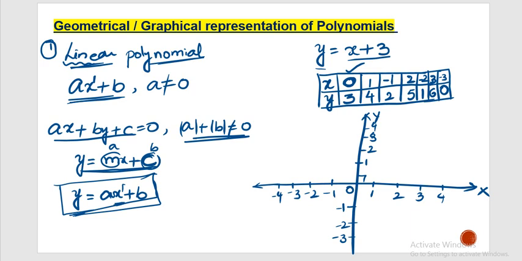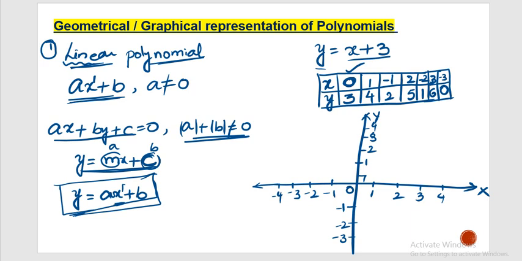So these things you need to remember. So x coordinate says to move right or left. If you have a positive value, move right. If you have a negative value, move left. Next, the y coordinate says whether to move to the upper side or the lower side from the origin, right.